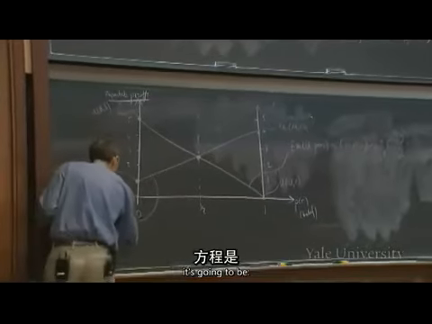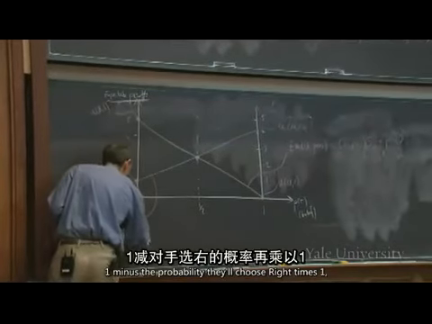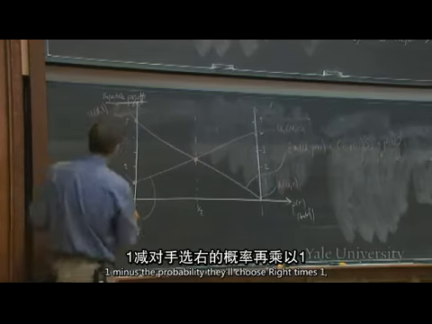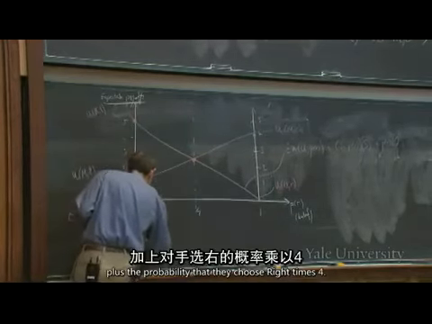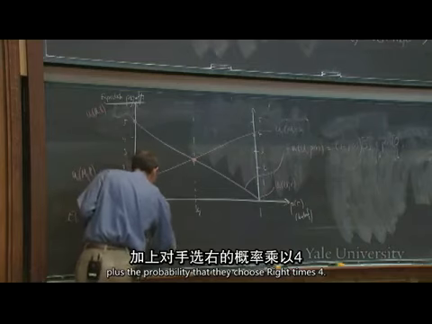The equation is 1 minus the probability they choose right, times 1, plus the probability that they choose right, times 4.